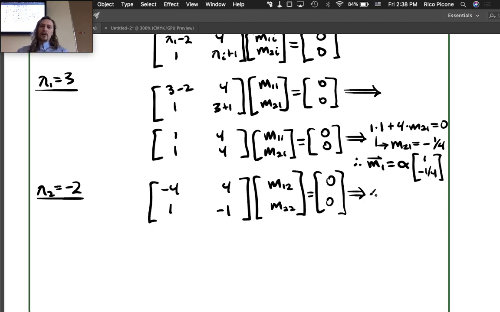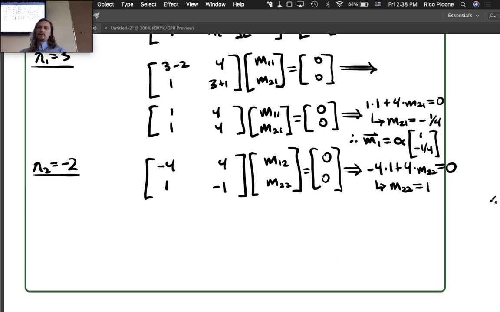So we can do negative 4 times m12, which we're going to set to 1 again. I usually set the first one to 1 and see what everything else has to be from that. And plus 4 times m22 must equal 0. And we see immediately that m22 must just be equal to 1.